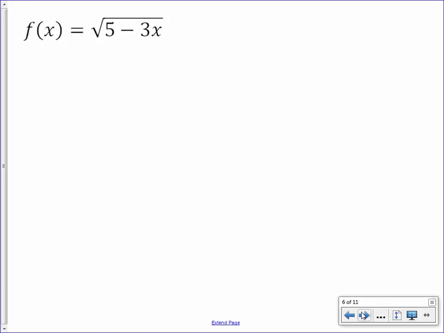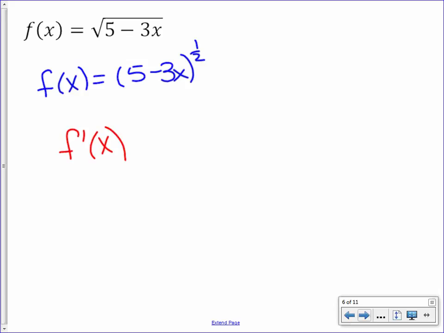You have to rewrite it first. Someone said we need to rewrite it. Is that a good idea? So we can rewrite this as 5 minus 3x to the 1/2 power. And that would help us so that we can use the power rule with the chain rule, right? So what is our outer function?